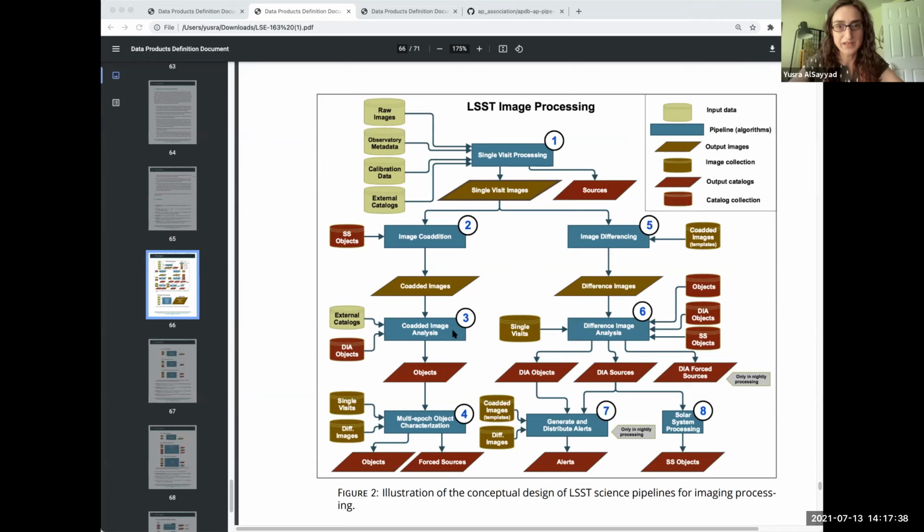They do not have to be classified as variable. Every single peak that is detected in the deep coadds will be force photometered on both the image differences and the single visit images, point source PSF photometry. Okay, and the light curves will be available in the data release for every object then, not just for the variables.